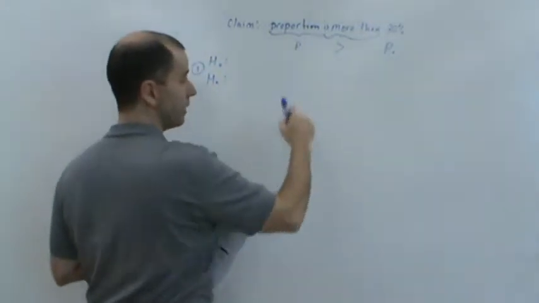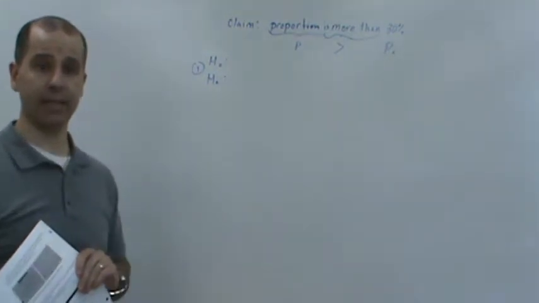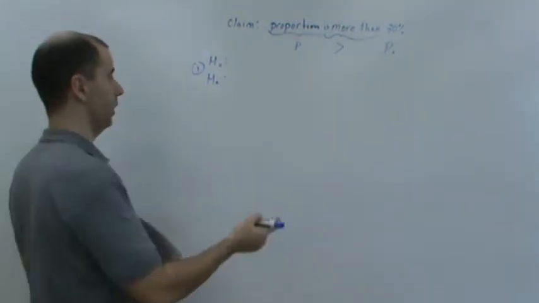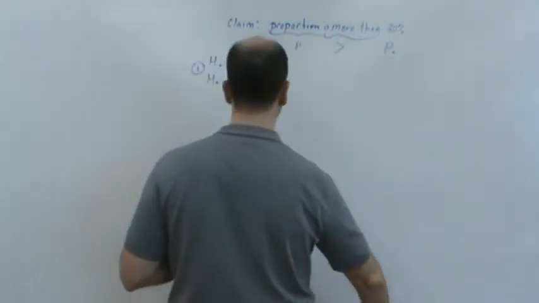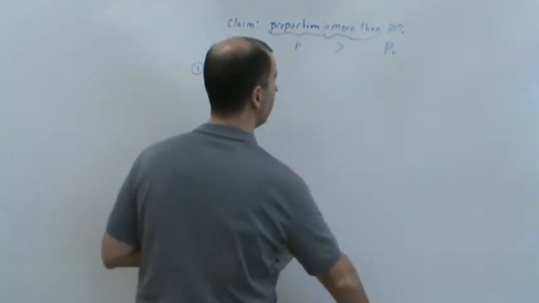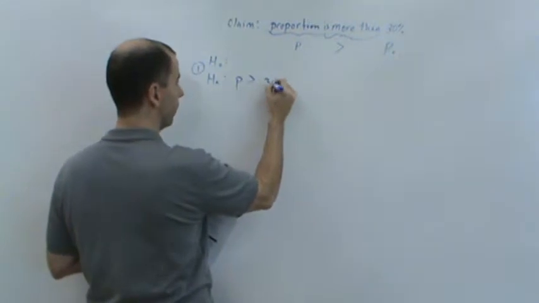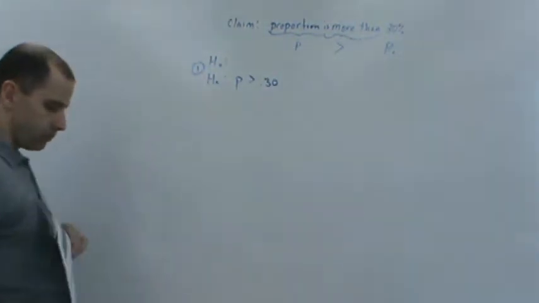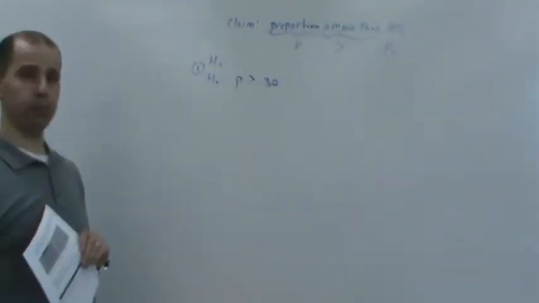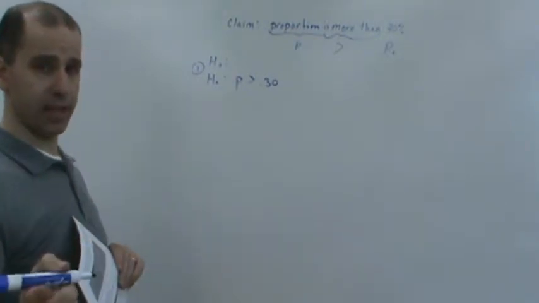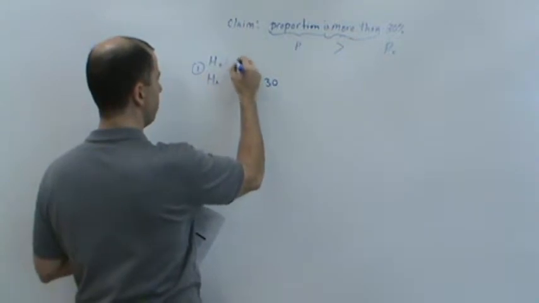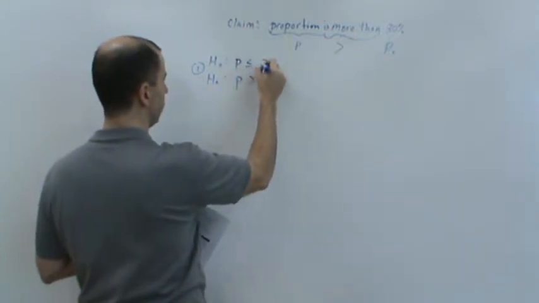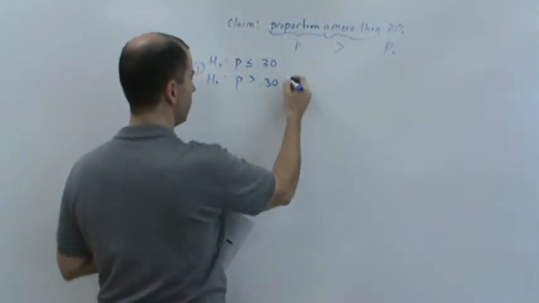This is the alternative hypothesis because it does not contain the equal sign. So it's P is greater than P0, and P0 is 0.3. Always write your proportions as a decimal in the hypothesis test. Versus the other one: P is less than or equal to 0.3. And the claim is the alternative.